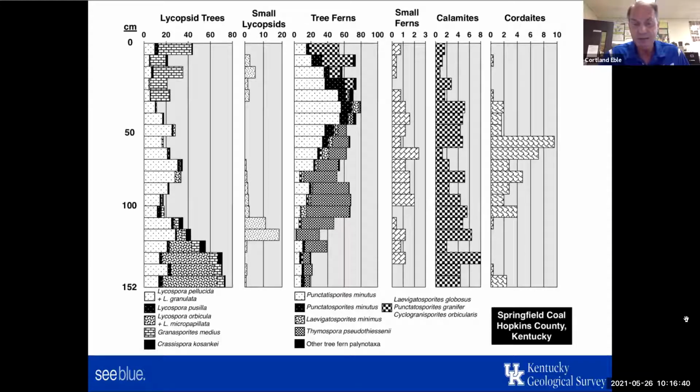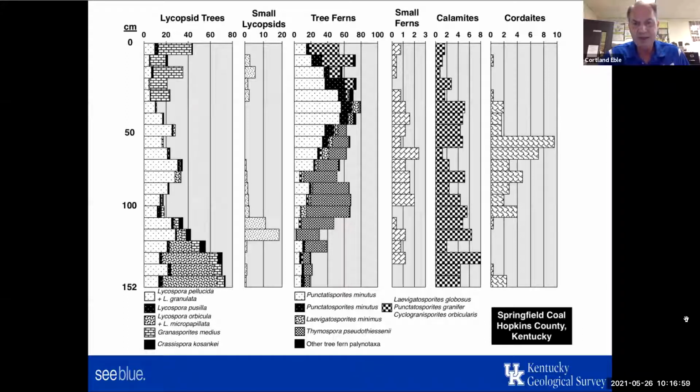It makes a lot of sense because Paralycopodites probably was a pioneer type of lycopod. Just above that, we see the spike in small lycopsids, Anapiculatisporites spinosus, which we just don't know a lot about.